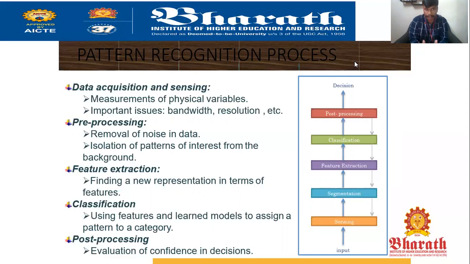Data acquisition and sensing processes the measurement of physical variables which are given. Input data will be recorded and noted, and it has issues like bandwidth and resolution, which are parameters where there can be problems in the acquisition process.